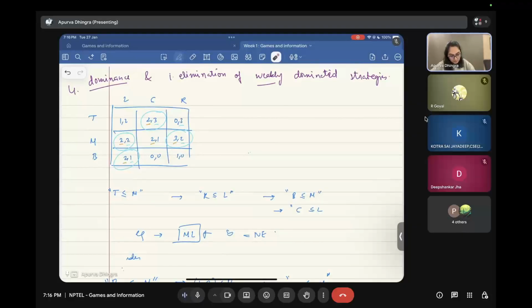So this process removes T. So we are left with just this part of the matrix, meaning we already lost one equilibria here.